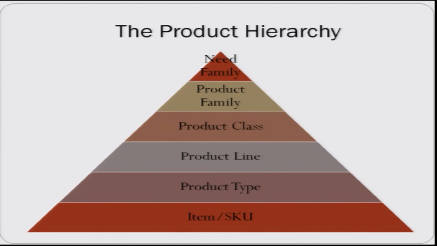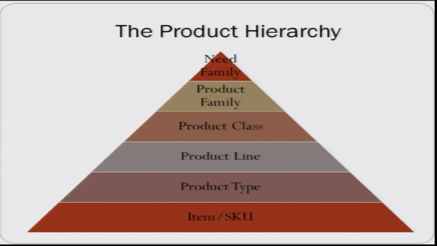Another concept in the case of the product is the product hierarchy. Quite often companies do not have one single product, they have a product portfolio, and this product hierarchy helps us to understand the product portfolio better.